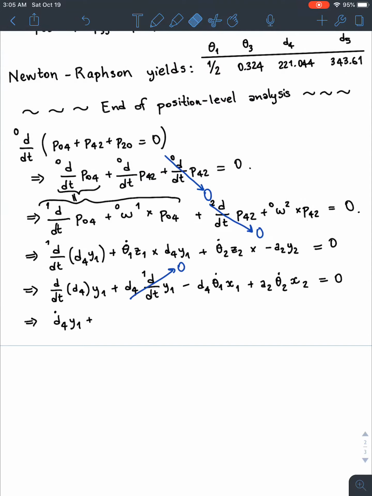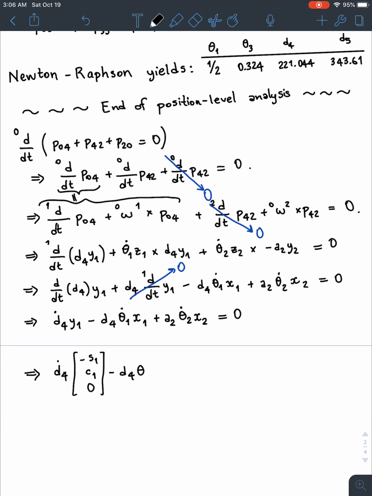But if I keep on going, this is going to be d4 dot y1 minus d4 theta 1 dot x1 plus a2 theta 2 dot x2 equals 0. And finally, I can put everything back in the 0th frame. If you recall, the y1 axis had the components minus sine theta 1, cosine theta 1, and 0 in the 0th frame, times d4 theta 1 dot.